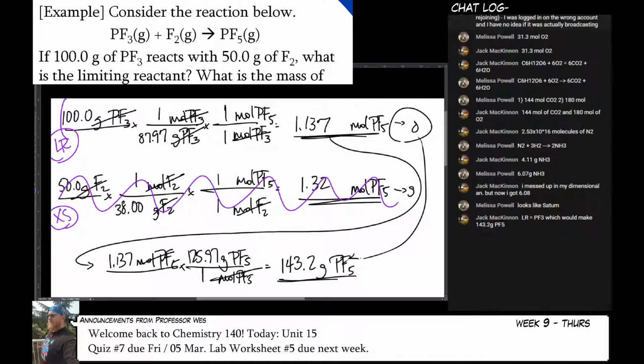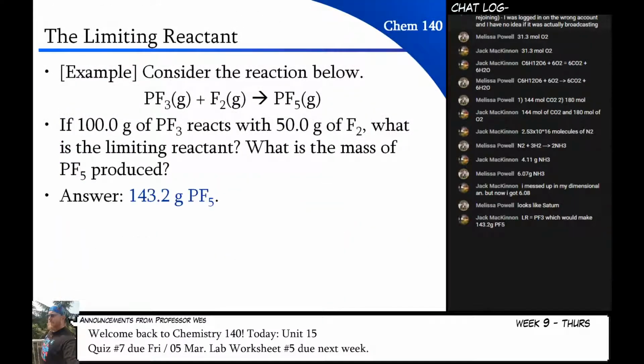All right, that's all the time that we have for today. Next week, when we return, we are going to be finishing up this chapter. So we'll do the rest of the limiting reactant practice on Tuesday. We'll do percent yield, and then we'll start Unit 16, which is the last unit, actually.